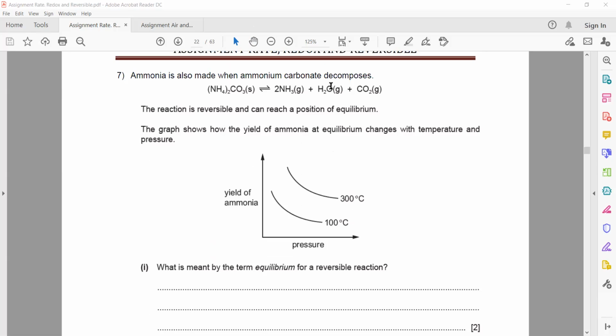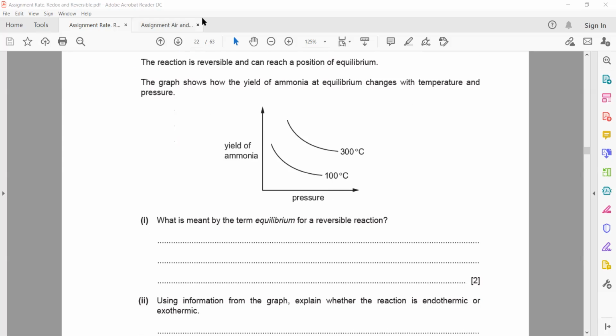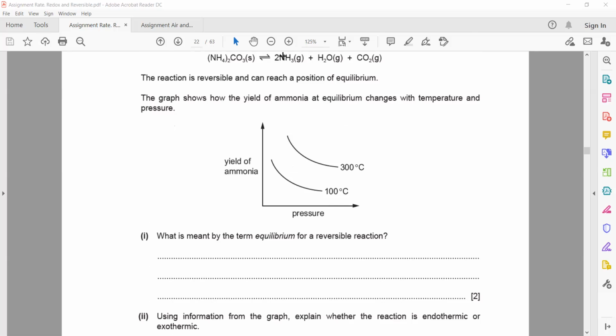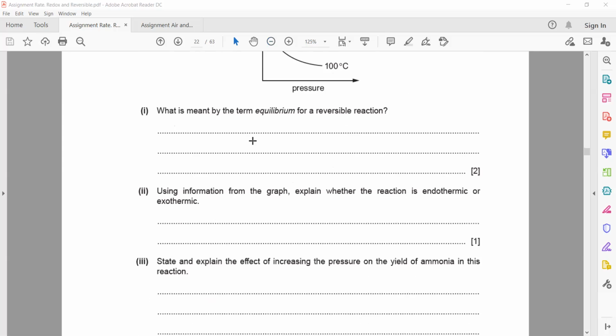The reaction is endothermic because you can see at high temperature you are getting more product. So use information from the graph. You can see that when the temperature is 300, we are getting more product as compared to when temperature is 100. So the reaction is endothermic.